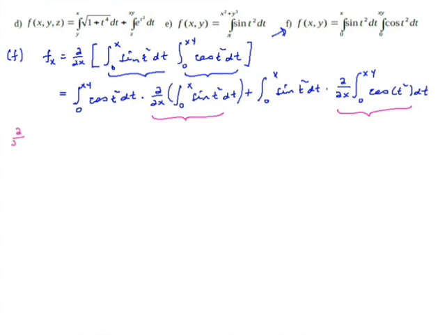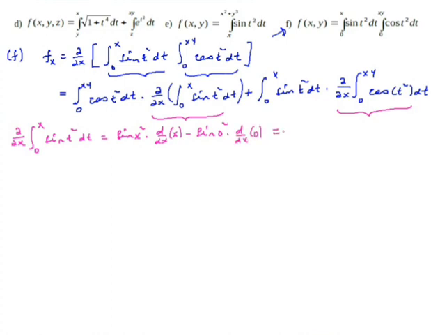The partial derivative with respect to x of the integral from 0 to x of sine t square dt: what is it? Sine of x square times d by dx of x, minus sine of 0 square times d by dx of 0.